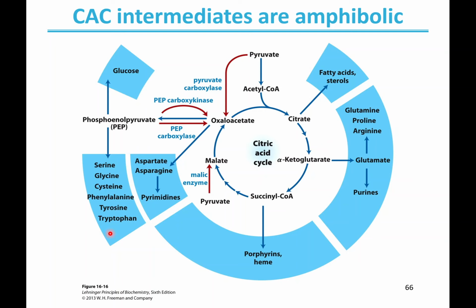So a lot of these amino acids can be made by citric acid cycle intermediates, and also if you go in the reverse direction, that's how they can be metabolized too. They're metabolized back into citric acid cycle intermediates that are then fed through the citric acid cycle.